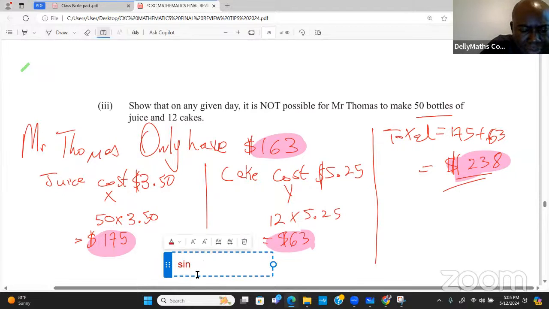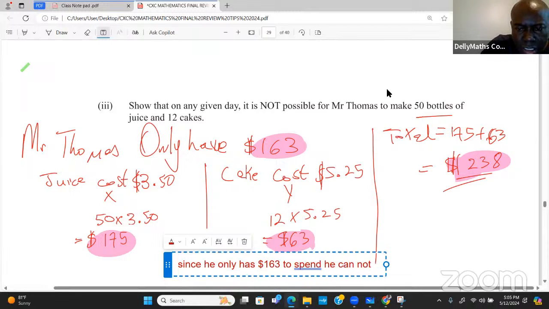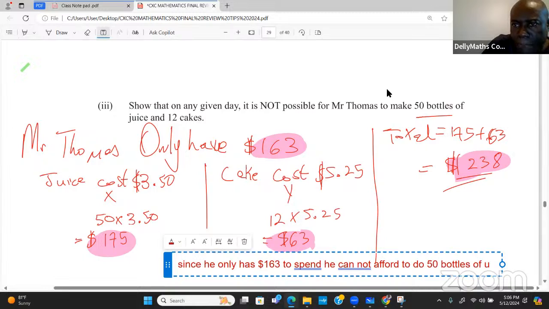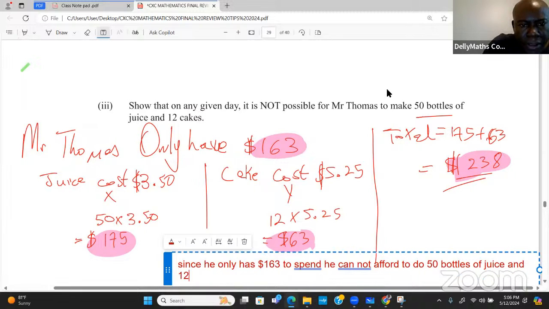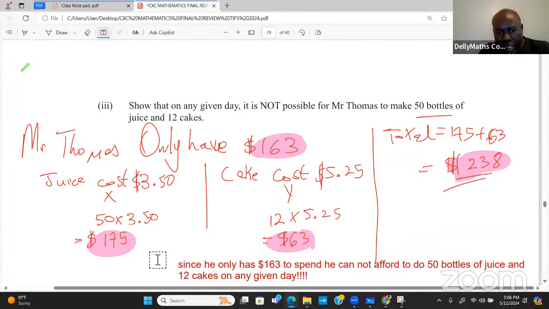I'm going to say, since he only has $163 to spend, he cannot afford to do 50 bottles of juice and 12 cakes on any given day. So we're drawing our conclusion based on our math, the figures that we put together, all right?